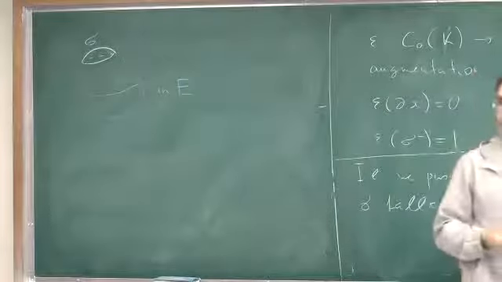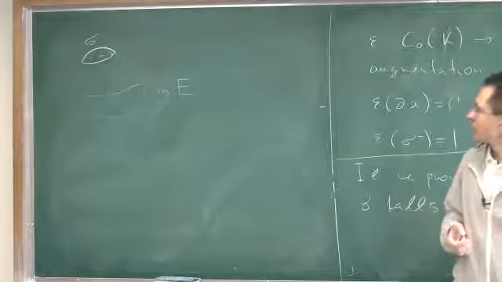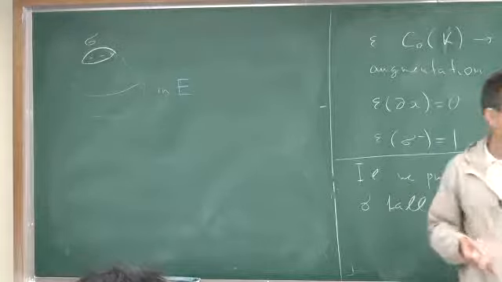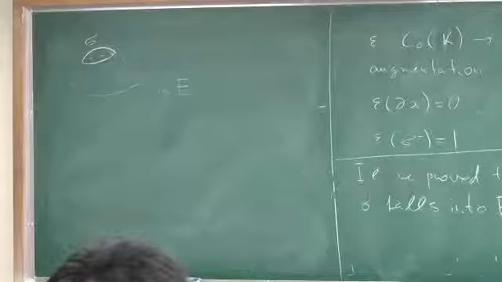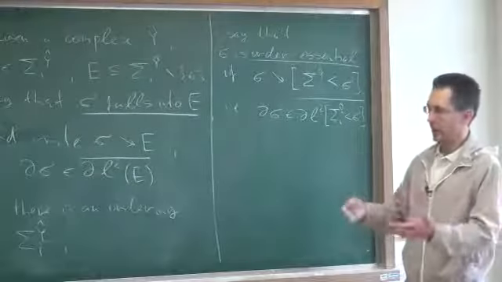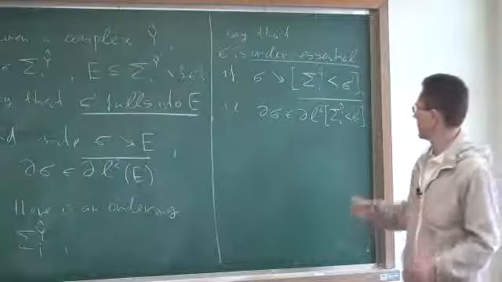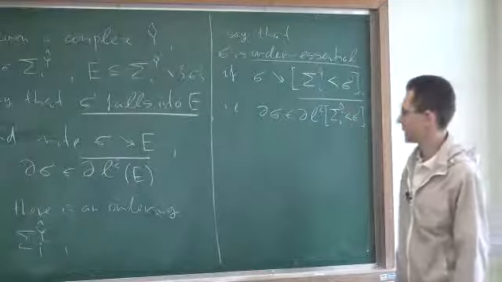If it's a finite complex, then it should be reasonably clear that you can remove this closure here. Then this is equivalent to saying that you can exactly complete it to a cycle, if y hat happens to be a finite complex.